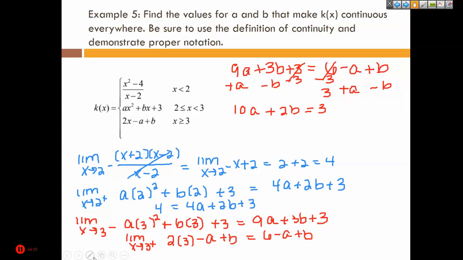And over here in blue, I have 4a plus 2b equals 4 minus 3, which is 1. What does this remind you of?